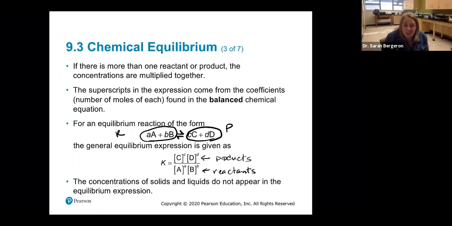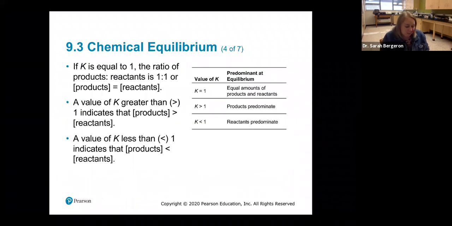And then if they have coefficients, those coefficients become superscripts, right? And so when we write this, the only things that we write are things that are aqueous, or things that are gaseous. But if they're solids and liquids, we don't actually include them because they don't actually change concentration. Right? If it's a solid, it's a solid. If it's a liquid, it's a liquid. It doesn't really change concentration.